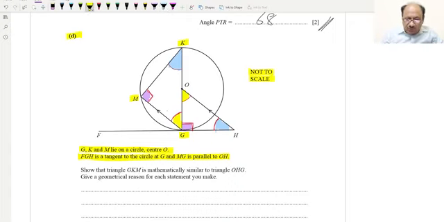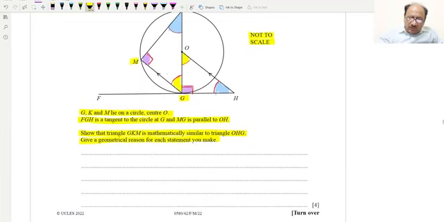So now we will go through the rest of the question. Basically, I have explained how we'll be dealing with this, and I have indicated corresponding angles with different colors so that you can understand properly. Then the question says: show that triangle GKM is mathematically similar to triangle OHG. Give a geometrical reason for each statement you make.